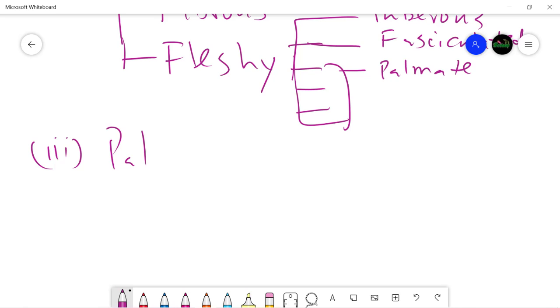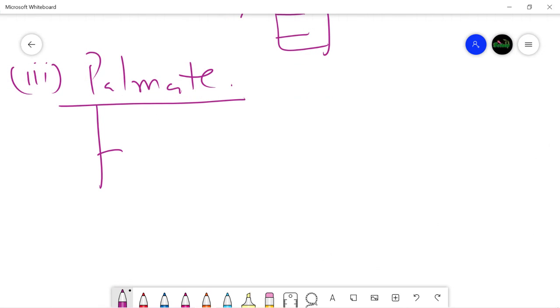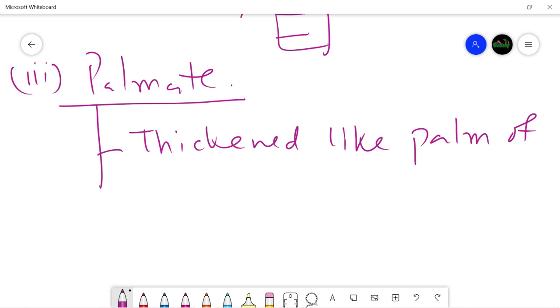So the third one, palmate. Now these roots are more like the fasciculated tuberous roots that we have discussed in the previous video in case of dahlia. So they are thickened, as the name indicates, palmate. So they are thickened like a palm of a human hand.